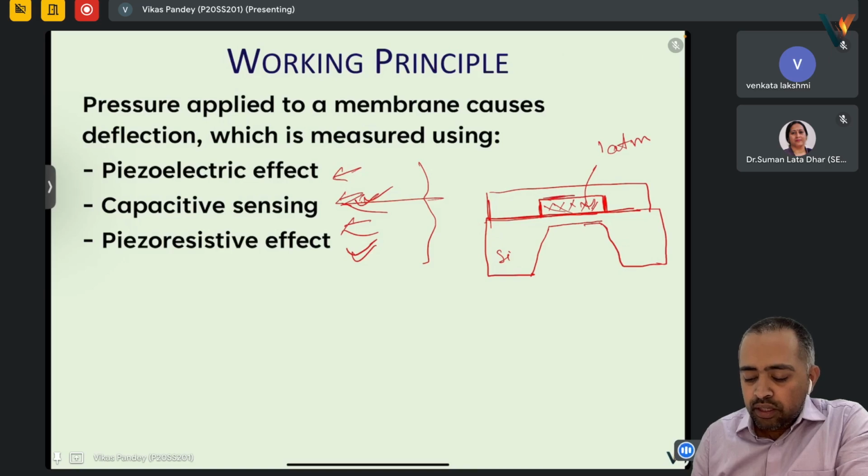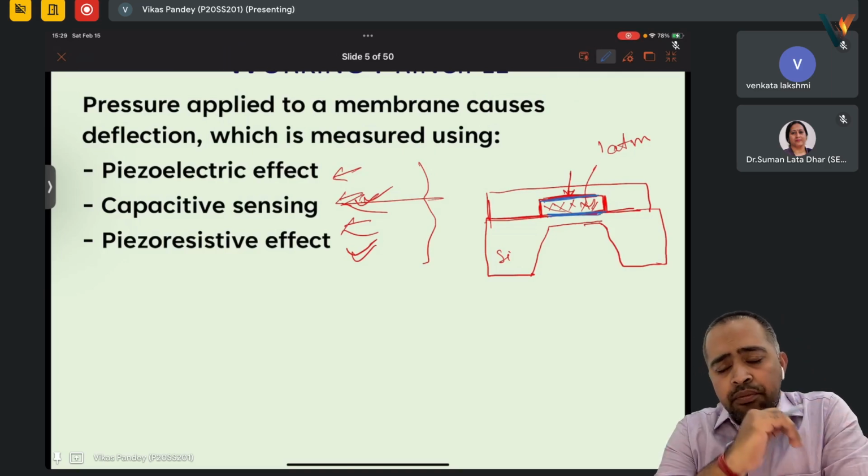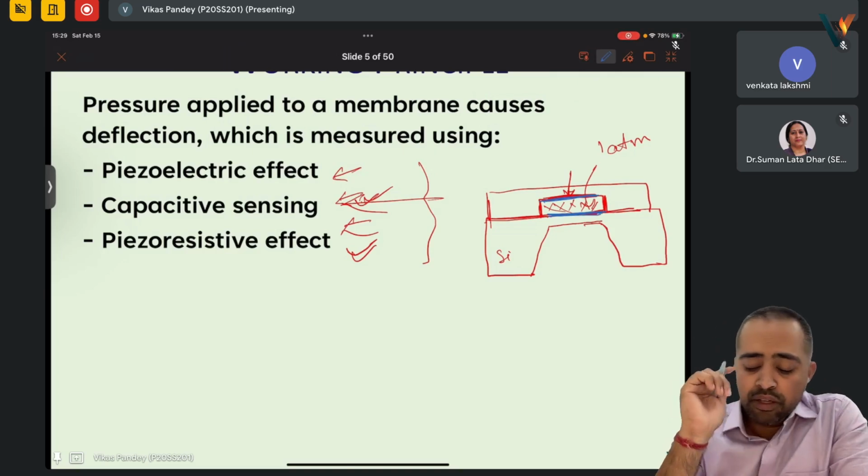And here we have some conductive plate. So we have two conductive plates, one on the top and one on the surface of the silicon, the membrane we have created.